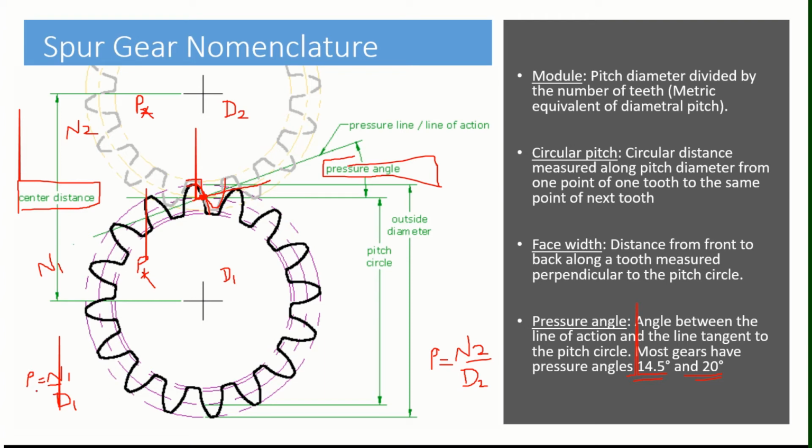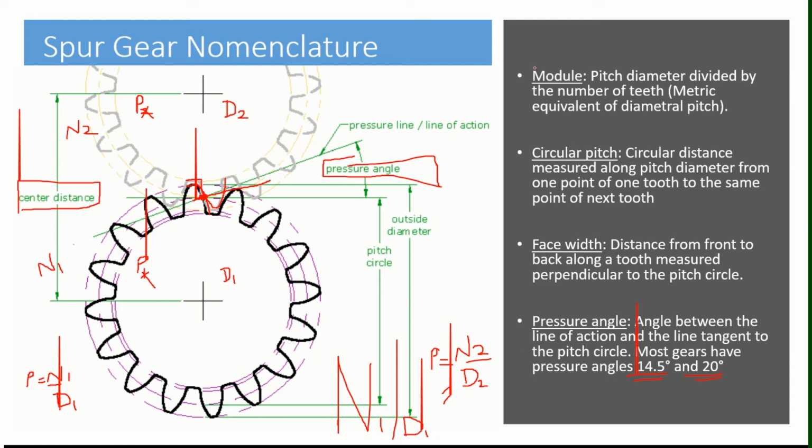But if both the pitches need to be identical for these gears, then N1 over D1 should be equal to N2 over D2. And so that way, if the first gear has 20 teeth and its diameter is 1 inch, and if the second gear has 40 teeth, then its diameter should be equal to 2 inches to make the ratio of N1 over D1 the same as N2 over D2.